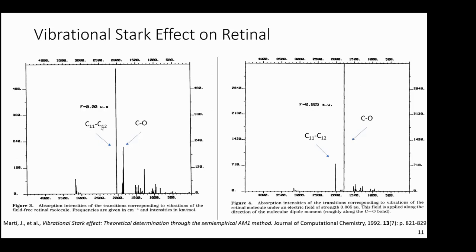So the effect is particularly strong in the CO stretching mode, increasing by more than an order of magnitude, as can be seen in the necessity to change the order of magnitude in the y-axis.